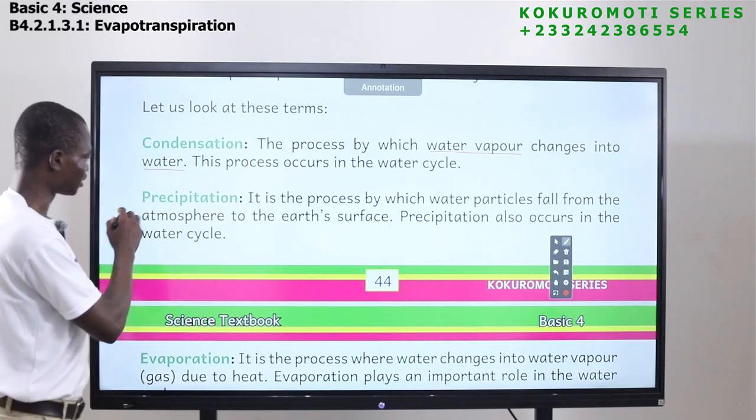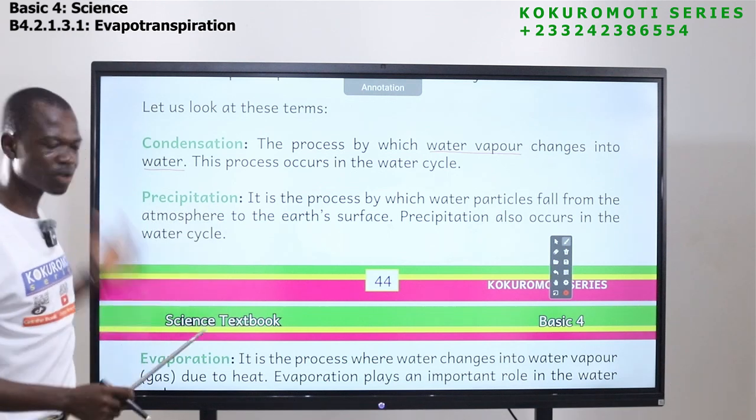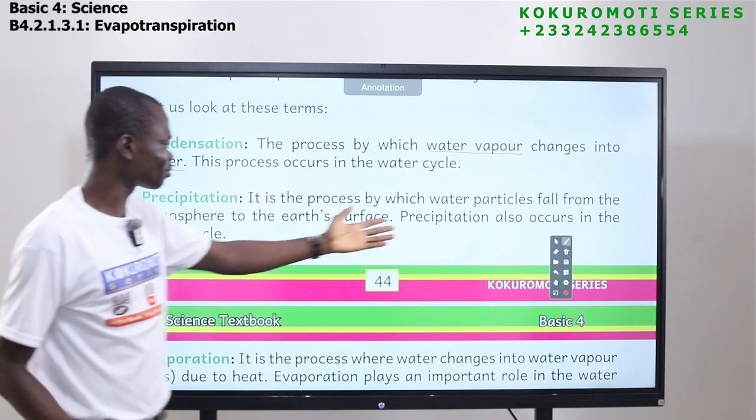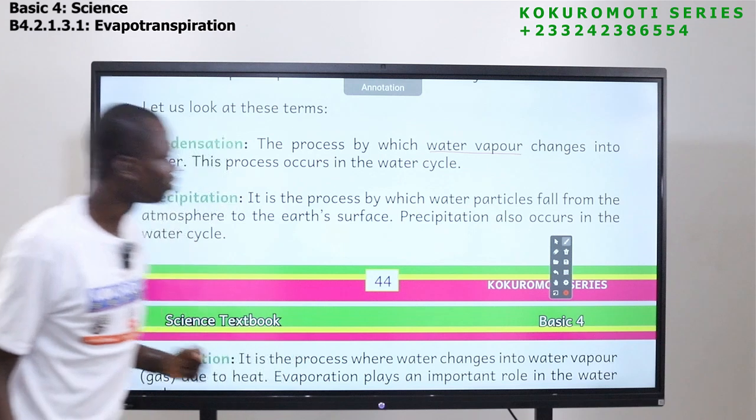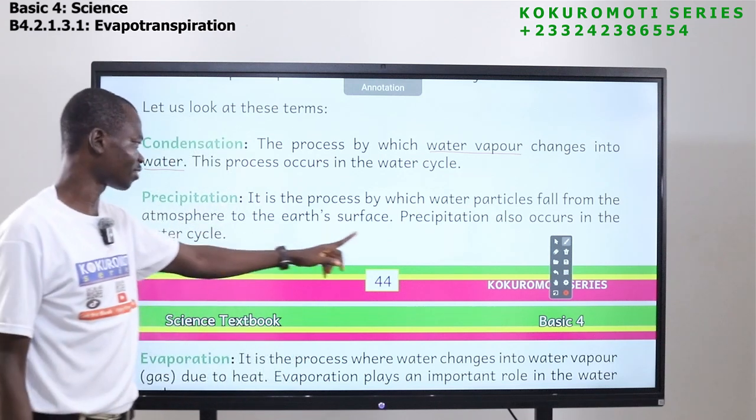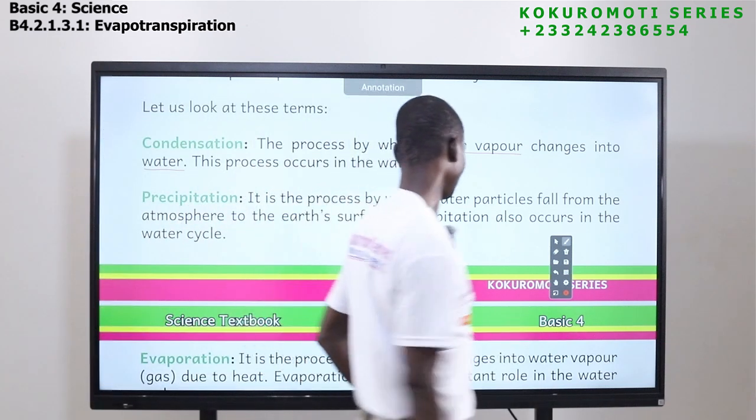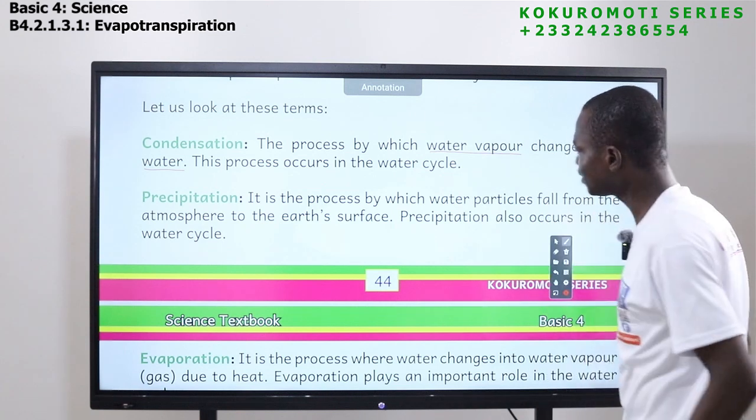Now the next word is precipitation. So what is precipitation? It is the process by which water particles fall from the atmosphere to the earth's surface. Precipitation also occurs in the water cycle.